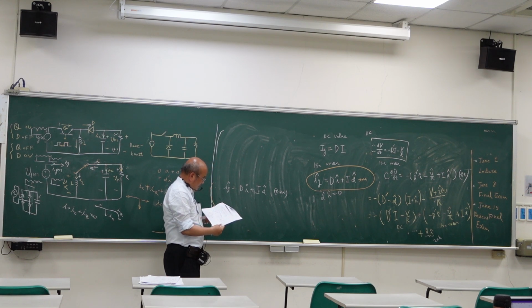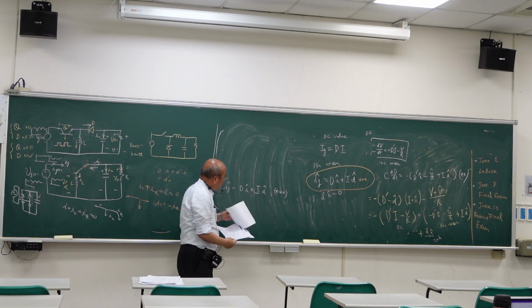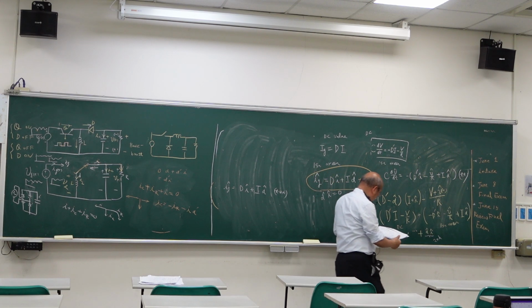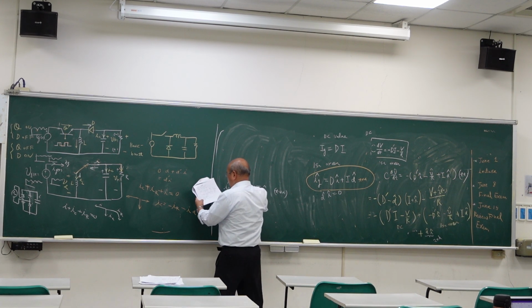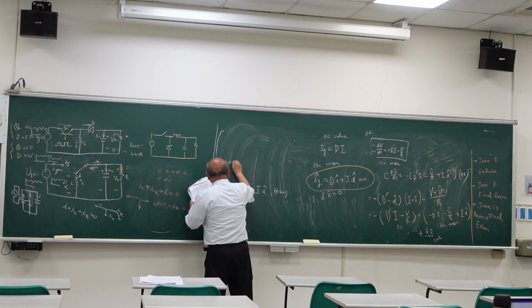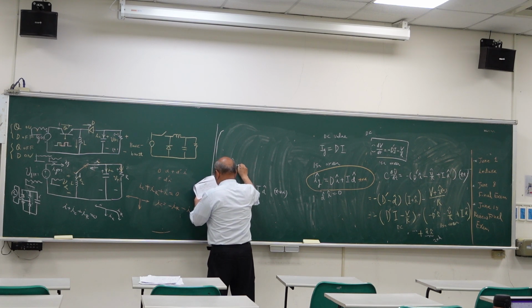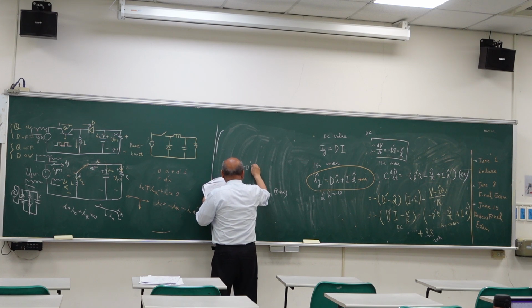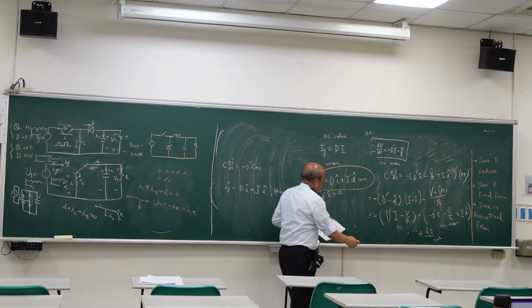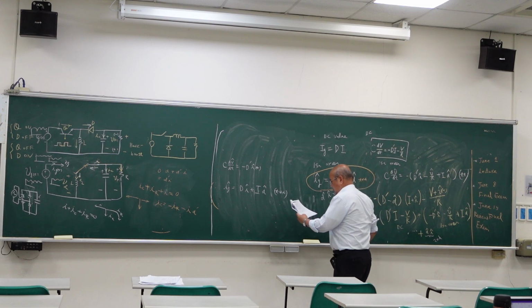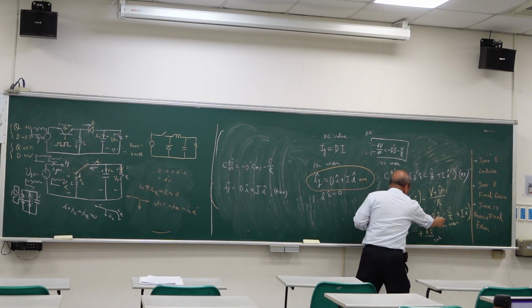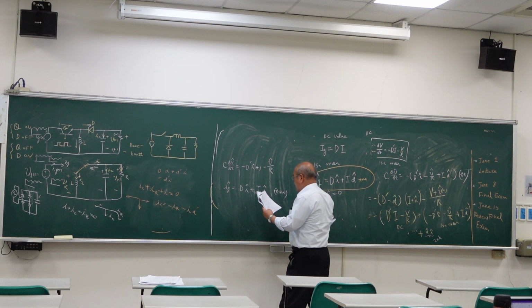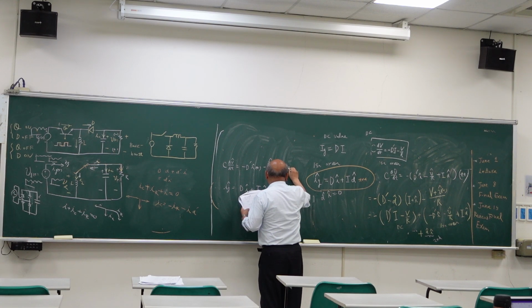The second equation: C dV hat/dt equal to minus D' I hat, minus V hat divided by R, plus I D hat.